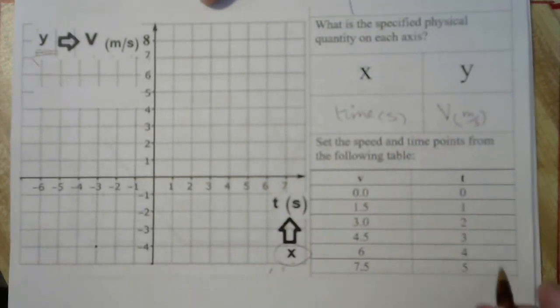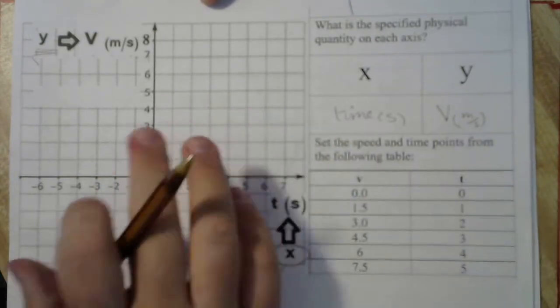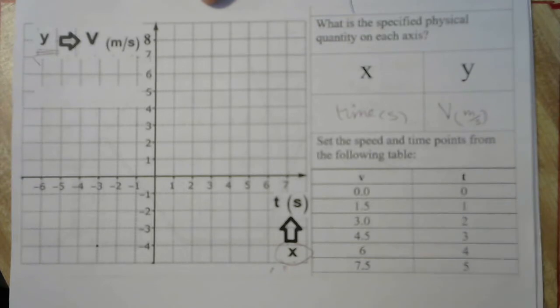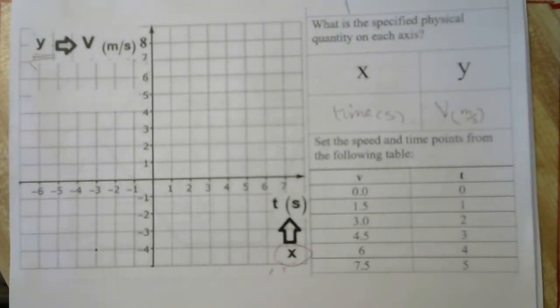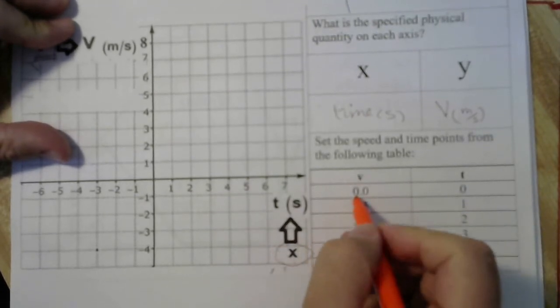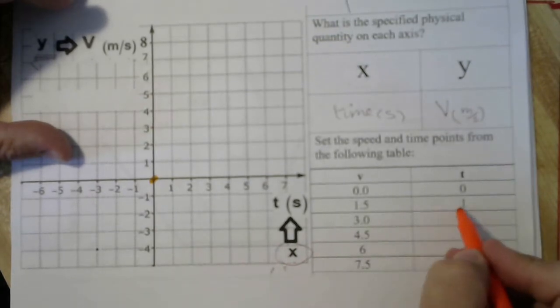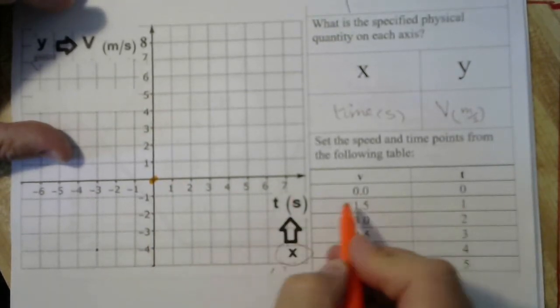Now, I need to assign these points in this graph. I need to put each point at its position. At t equals 0, the velocity is 0. At t equals 1, the velocity is 1.5.